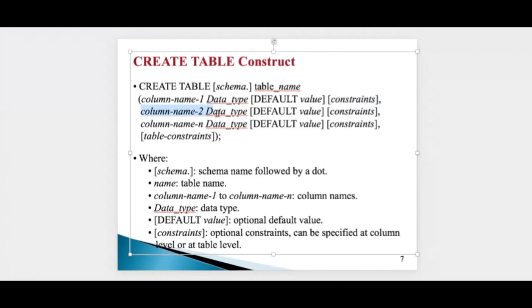So same is the case with second column and the third column. When you finish all the columns, 1, 2, 3, 4, 5, as many columns as you want to have in your table, at the end, you may write some table constraints. Again, you see that this is the optional part. You may write it or you may skip it.